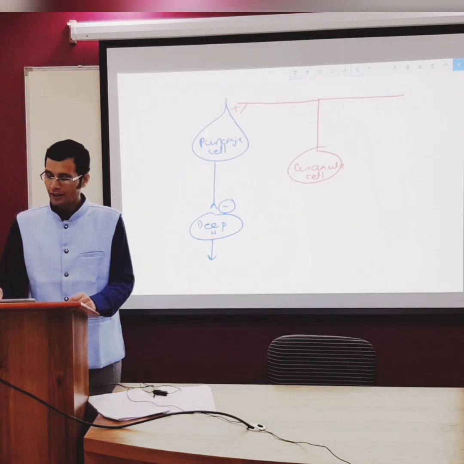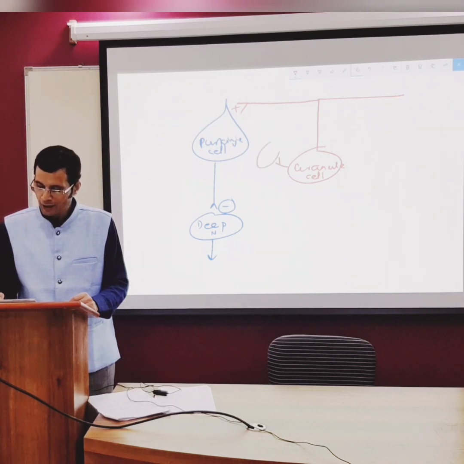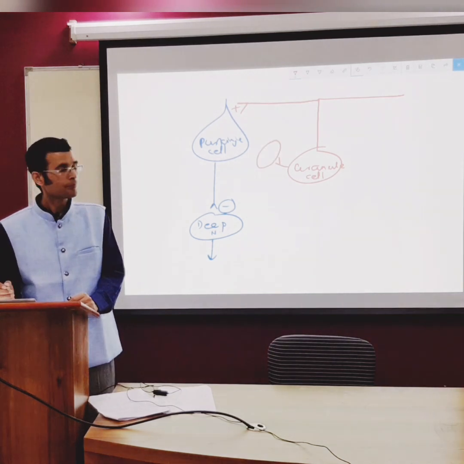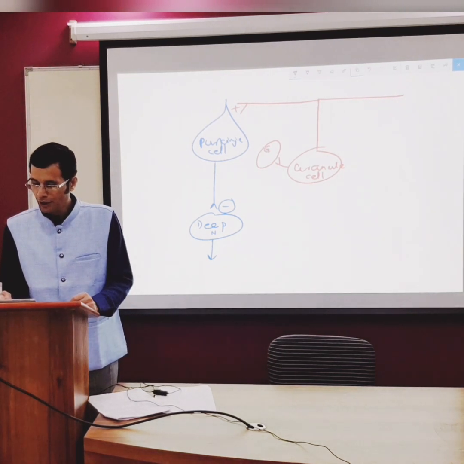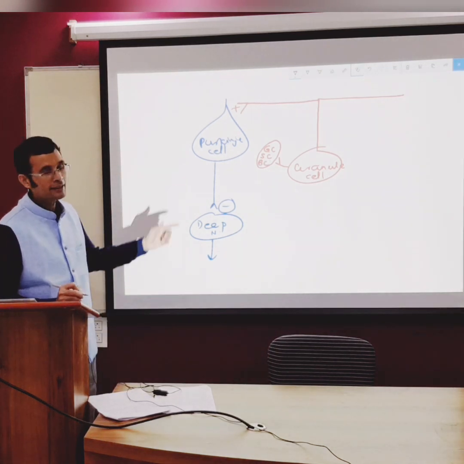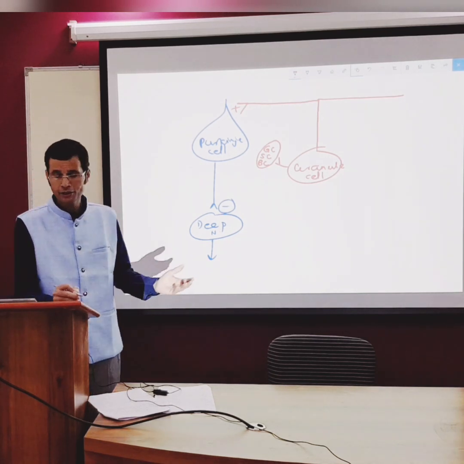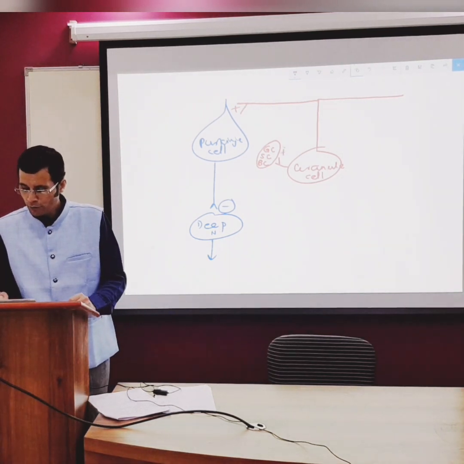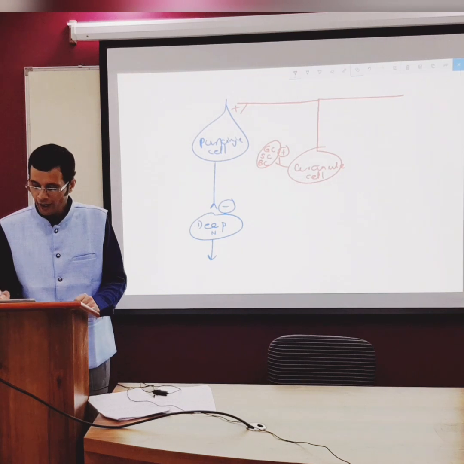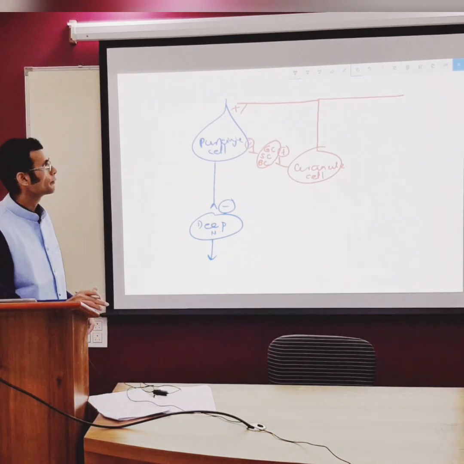But granule cell, even before it could excite the Purkinje cell, via short inhibitory interneurons like Golgi cell, basket cell or stellate cell, will excite those interneurons and they in turn will inhibit the Purkinje cell.